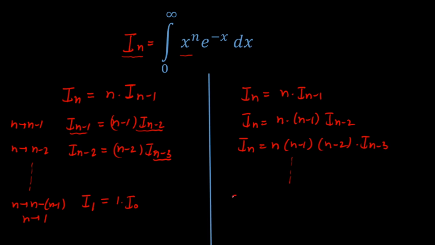So on, if you do this, you will get I of n as n into n minus 1 multiplied by n minus 2, and so on up to 3, 2, 1, whole multiplied by I naught. And the value of I naught I can easily calculate. So this product will be equal to n factorial into I naught, and it is equal to I of n. So once I know the value of I naught, I can easily calculate the value of I of n. That is our main objective. So I'll be solving this in the next slide.